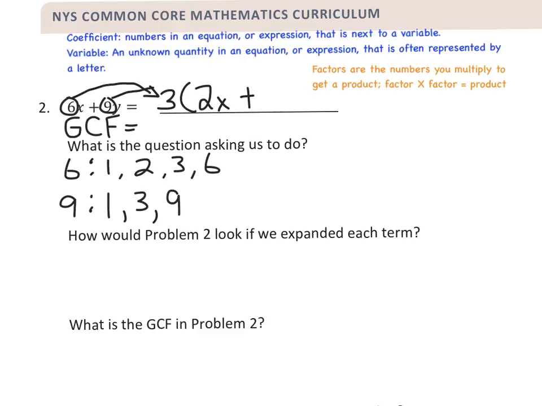And then 9 divided by 3 is 3, and that went with y. So my equivalent expression for 6x plus 9y is 3, parentheses, 2x plus 3y. Because I would distribute the 3 to the 2, 3 times 2 is 6, and the 3 to the 3, which would create 3 times 3, which is 9. So you can see why they are both equal.